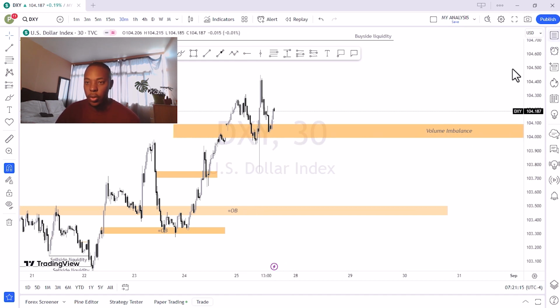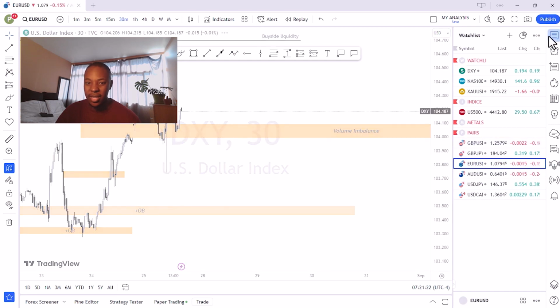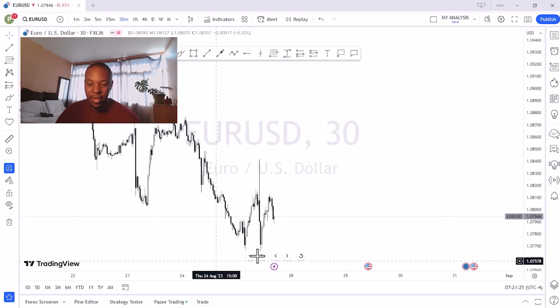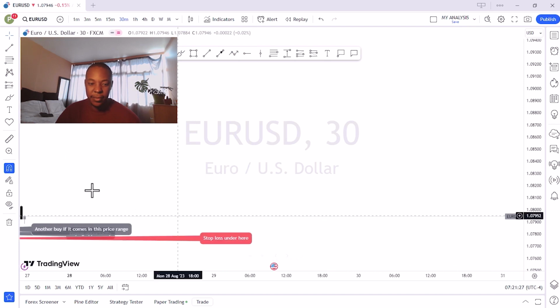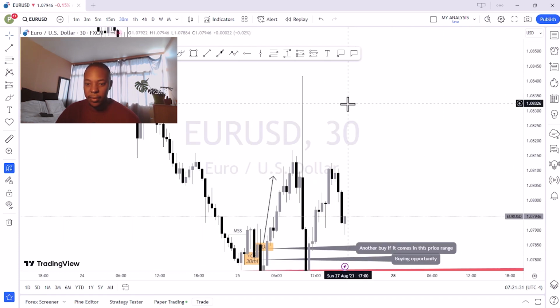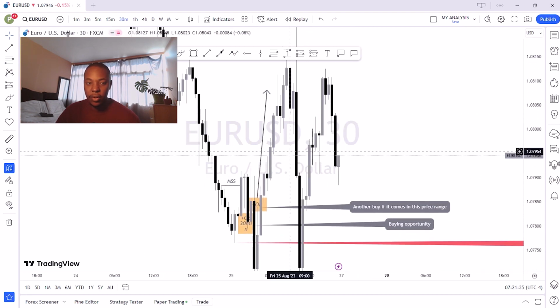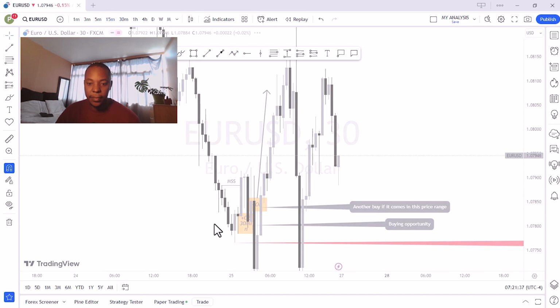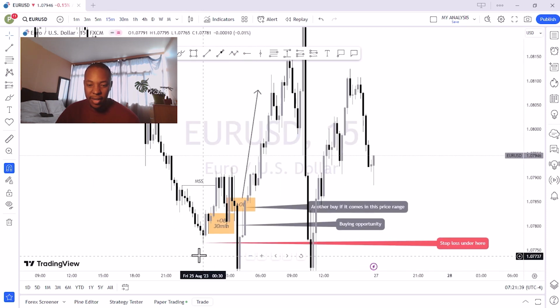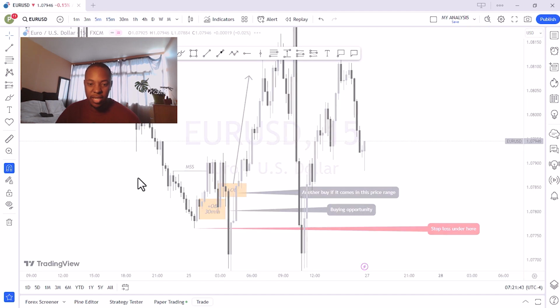I was expecting the euro, but let me just start with the Euro USD. That's the first trade I took. This is actually one of the setups that I sent on our Telegram channel on Friday. So with that being said, let me go to a 5-minute chart.